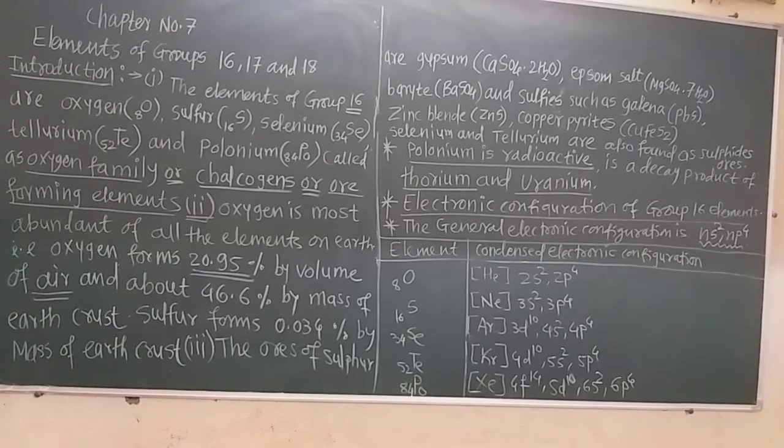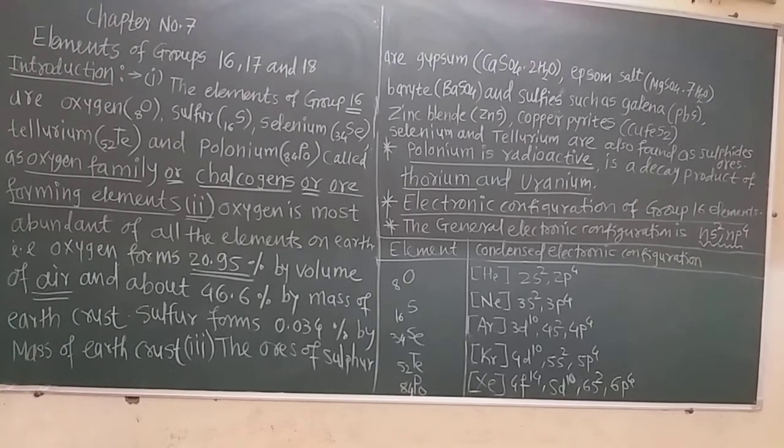Now this oxygen family is also called the chalcogens, remember that, or it is also called ore forming elements, because so many ores of these elements are found in the earth crust, in nature, and oxygen is the most abundant of all elements on the earth, because in air its volume is about 20.95%.